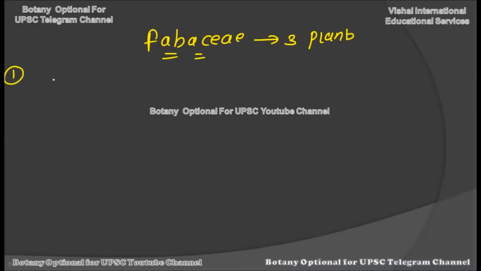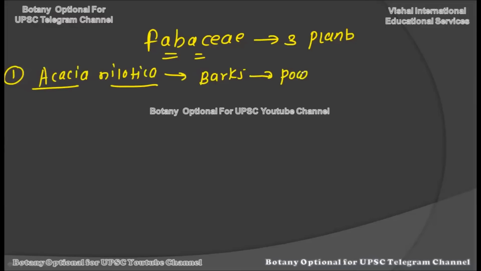So consider the very first plant which belongs to the Fabaceae family, the Acacia nilotica. Okay, write down carefully. The Acacia nilotica is the first plant of the Fabaceae family for which we are going to consider its ethnomedicinal importance. Now the bark of this particular plant is used, and the bark is converted into powder form. Afterward, this powder is very useful in ulcer treatment.